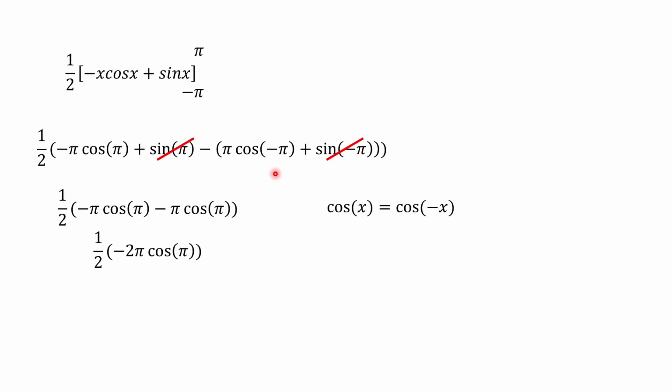And so it simplifies like so. And then we see that there's a 2, and a 2 times a half is just 1, so that will cancel. And then you're just left with minus pi cos pi, and cos pi is minus 1. So minus pi times minus 1 is just pi. And so that's our final answer.